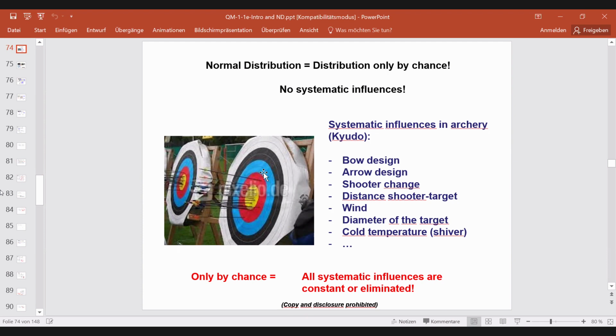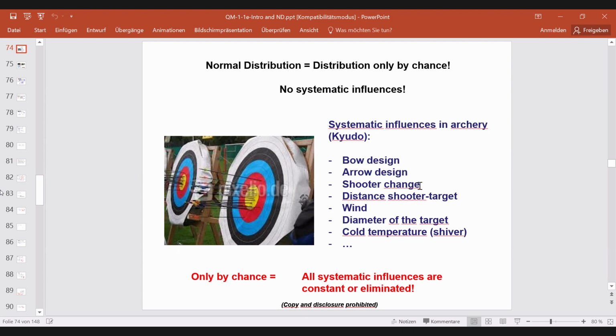You will have a normal distribution if all these influences you see here are eliminated. This means you have no different bows, only one bow design, which you use every time. So the bow design, of course, is a systematic influence. Of course, the arrow design also is a systematic influence. Every time you have to use the same design of the arrows.